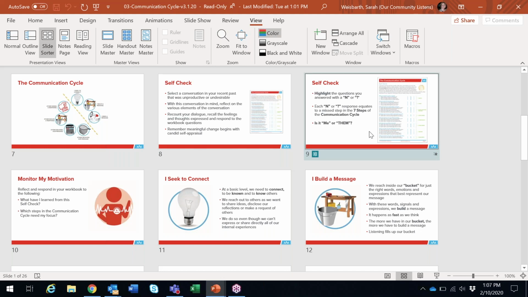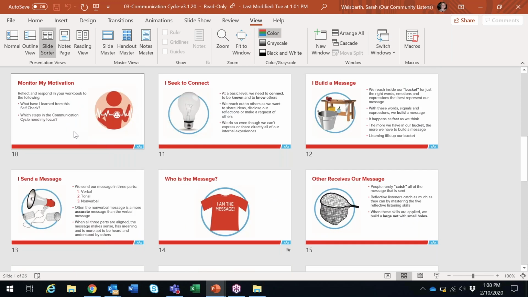With the self-check, you'll see on the side, in green, we have tied the different questions to the sections of the communication cycle. So this self-check will help them understand what are the areas they want to focus on. And then we would move into monitor your motivation for them to reflect and consider what they want to improve on.